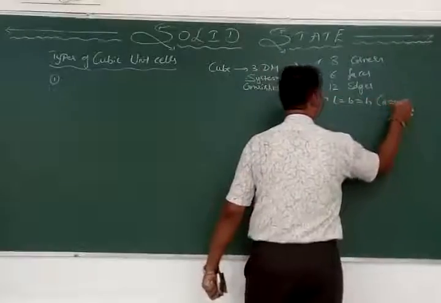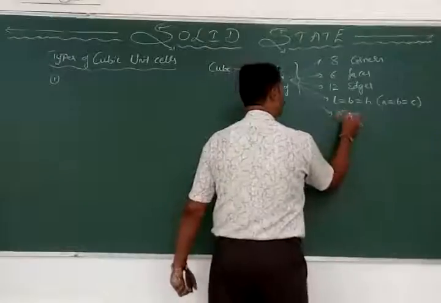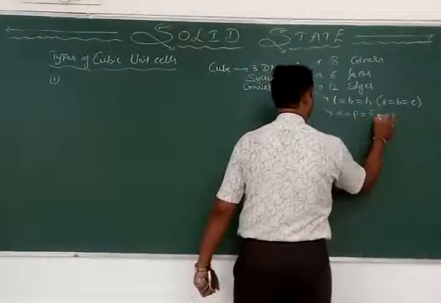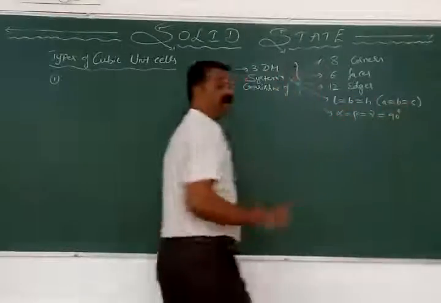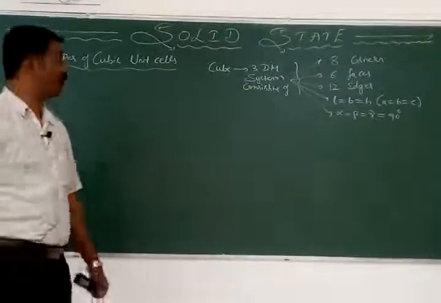Indirectly we are calling that a = b = c, and alpha = beta = gamma, and all are equal to 90 degrees. That is the 3-dimensional geometry we are calling a cube.